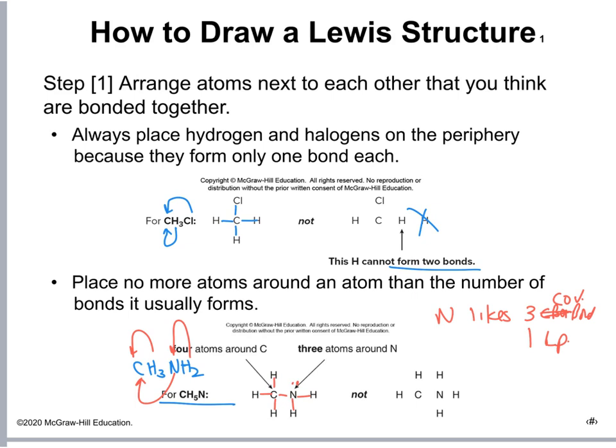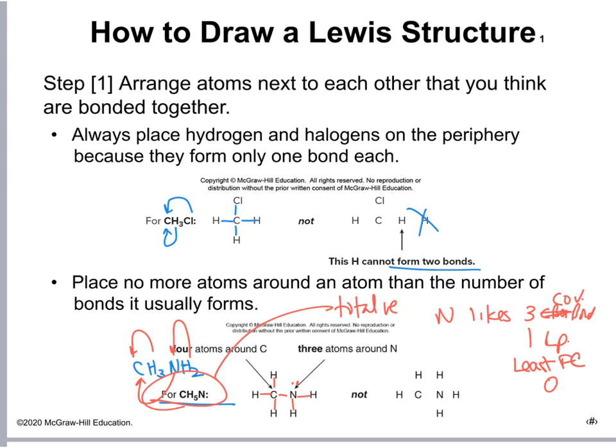And so you want to draw these with the least formal charge. So if you can get 0, that's great. They have to follow the octet rule. So here hydrogen has 2 electrons each.